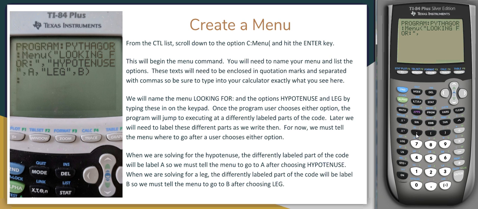Now you put a comma there, and you start going on all of the different options. So the first option would be if we were looking for a hypotenuse, so we will just type in hypotenuse.